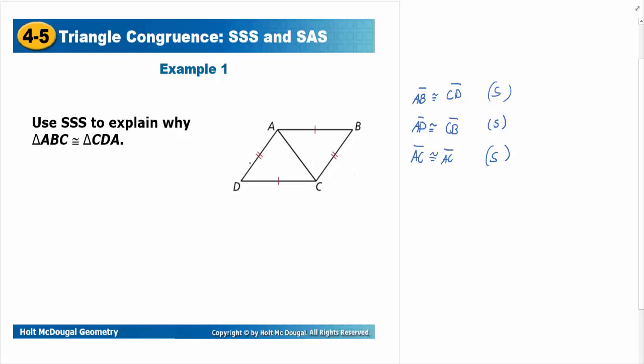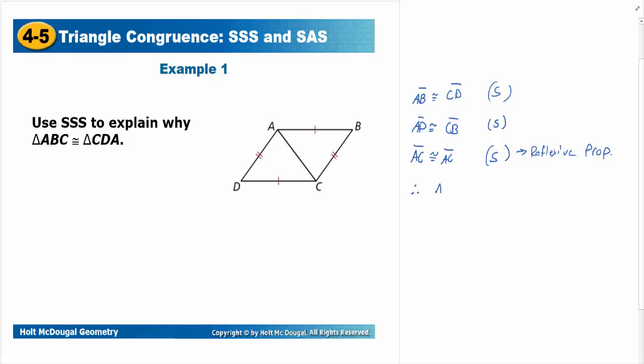Now the reason for this is going to be that reflexive property. So if I was going to list this out, explaining why these are congruent using side, side, side, you would have AB is congruent to CD, AD is congruent to CB, and that's given. AC is congruent to AC by the reflexive property.